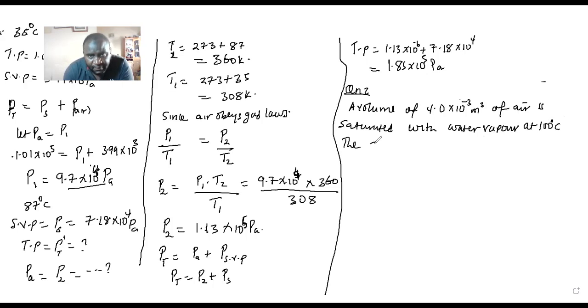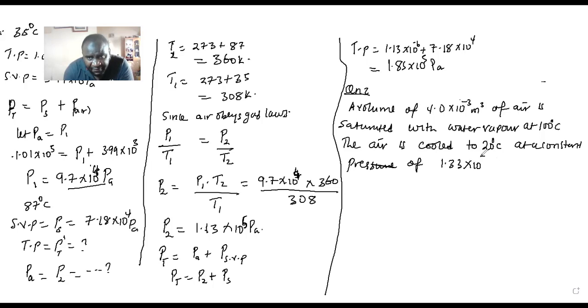The air is cooled to 20 degrees Celsius at a constant pressure of 1.33 times 10 to the power 5 pascals.